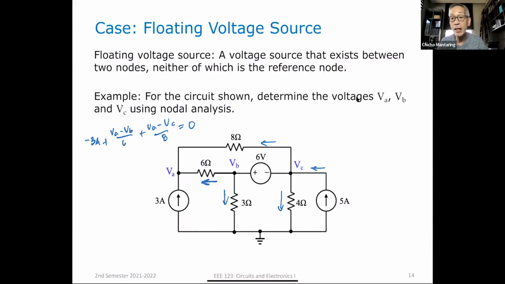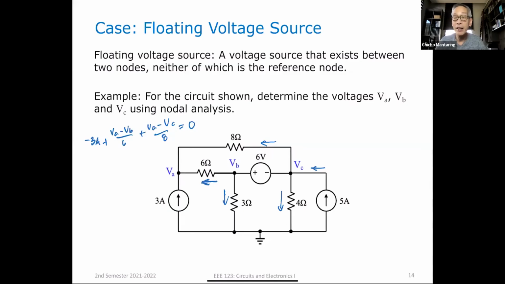So again, the principle that you apply here is that when you group together a group of nodes and treat that as a single node, then Kirchhoff's current law applies.